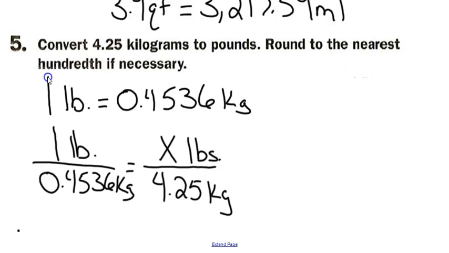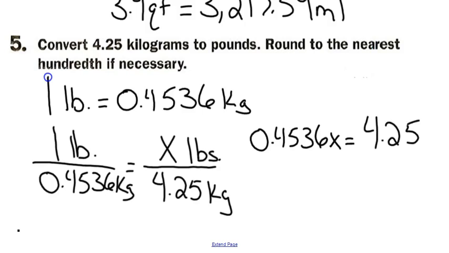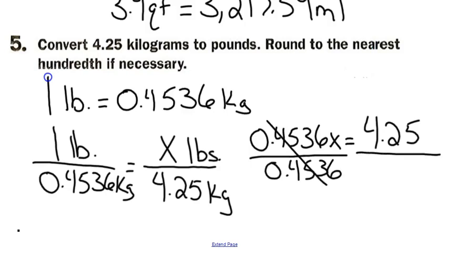Well, I can do cross multiplication here. All right, so x times 0.4536 is 0.4536x, and then I cross multiply 1 times 4.25, that gives me 4.25. And then I simply divide by the number being multiplied by my variable. They cancel out.